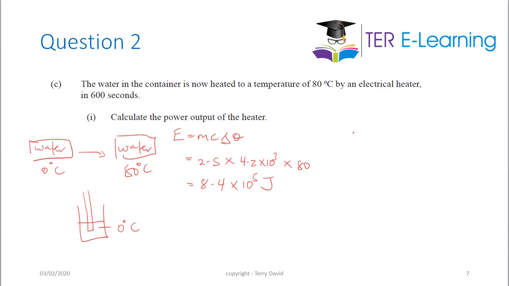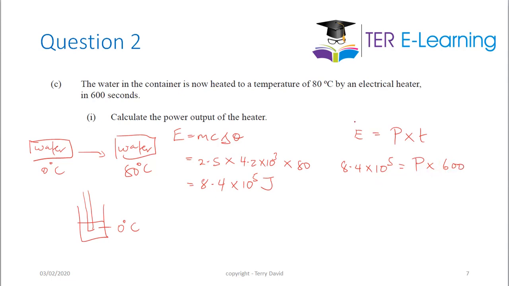The other formula we're going to have to use is energy equals power multiplied by time. We know how much energy is required to increase the temperature of the water. We just worked that out. That is 8.4 by 10 to the 5 joules. My power, we don't know what the power is. That's what we're trying to find out. And my time is 600 seconds.